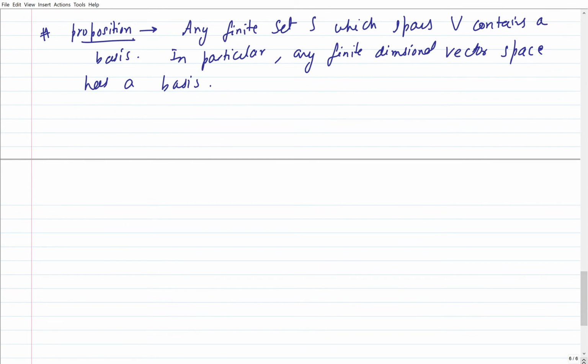So how do we go about proving this? Well, since I have a set S which spans V, I can write down a linear relation like this, where I don't have all of C1, C2 till Cn being 0.